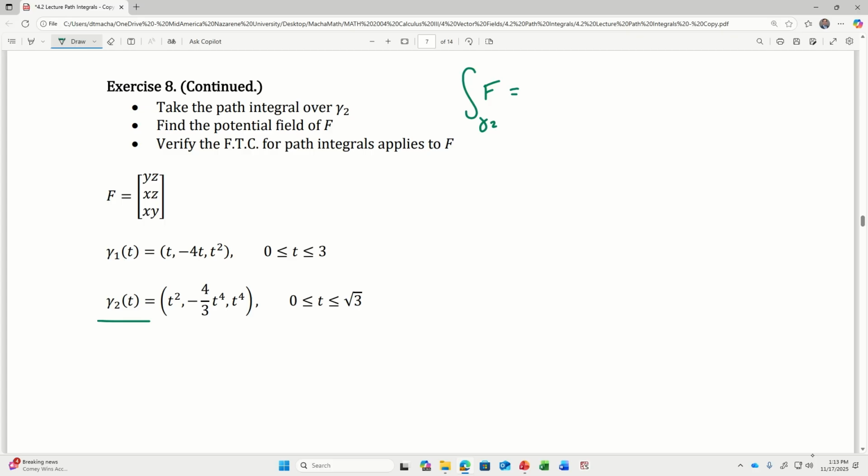And that'll be the dot product between f and the derivative of gamma 2 with respect to t, which is going to be the vector 2t, -16/3 t cubed, and 4t cubed.